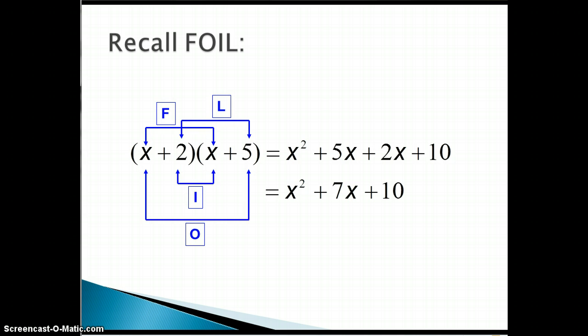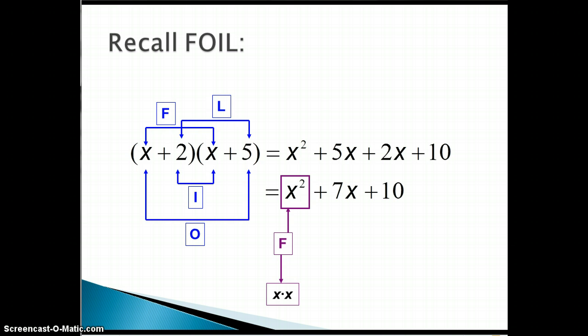So in order to figure out how to go backwards into the factored form, it's important to know how FOIL works. The x squared comes from the x times the x, so the first term in each set of parentheses gives us the first term of our trinomial.